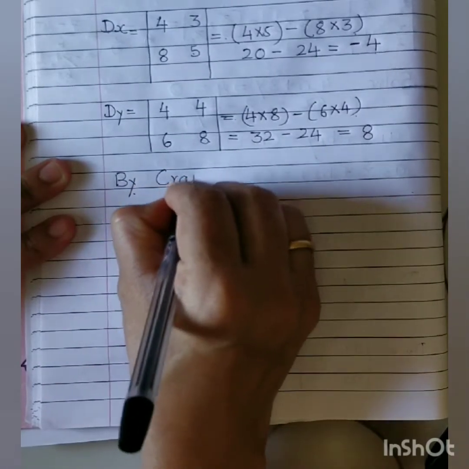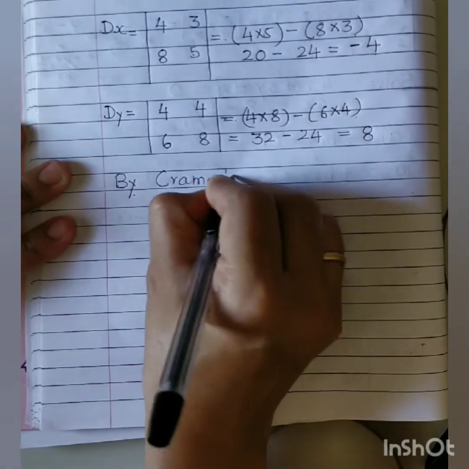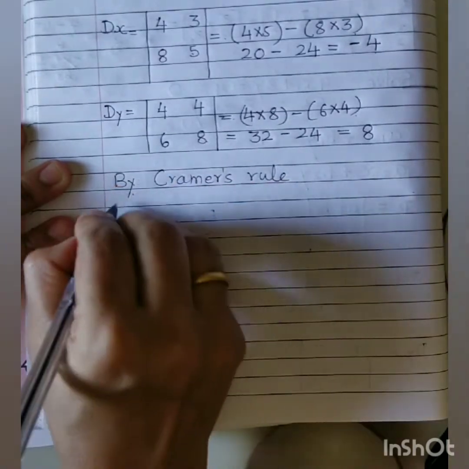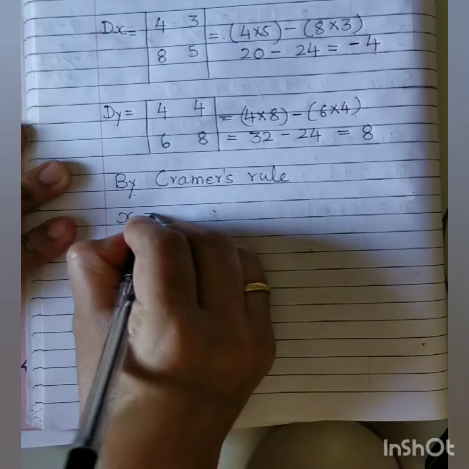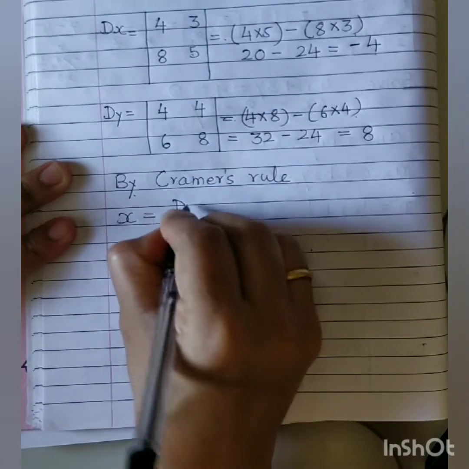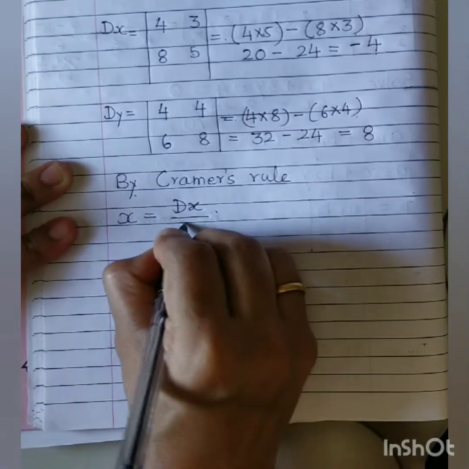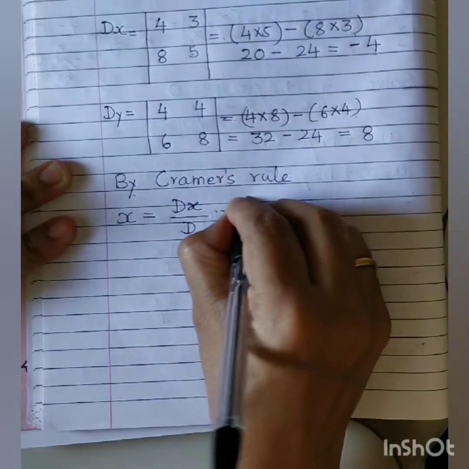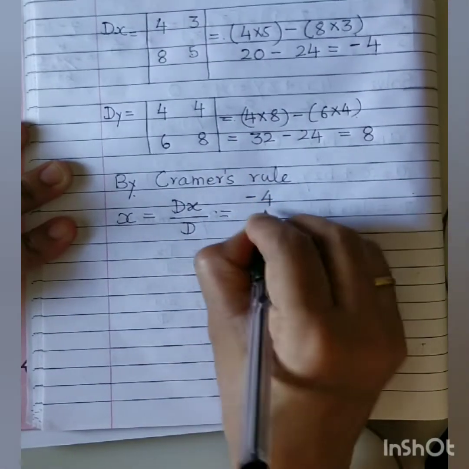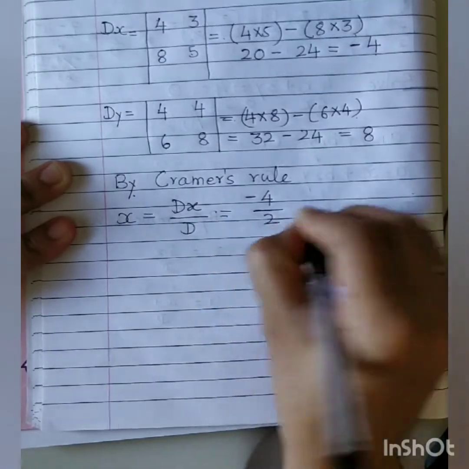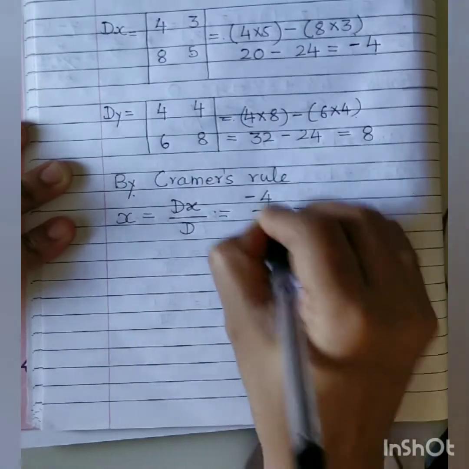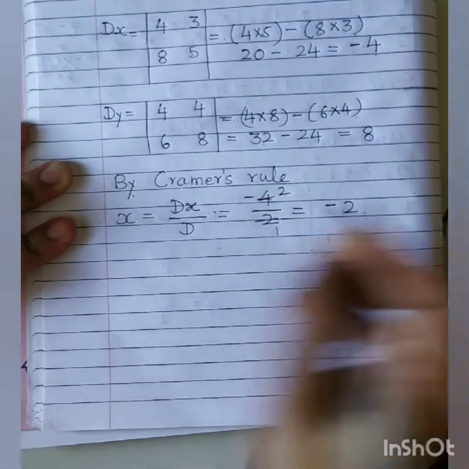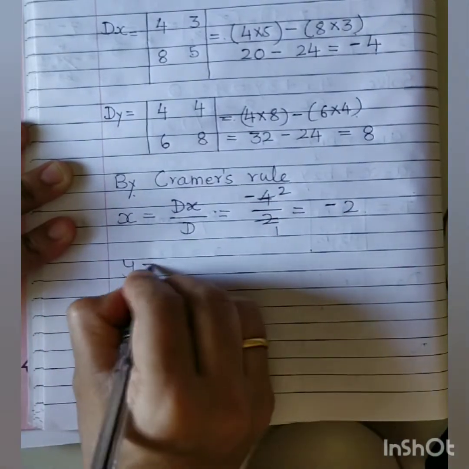So by Cramer's rule, what Cramer's rule tells us, x is equal to dx upon d. What is the value of dx? Minus 4 upon 2, that is d. Answer is minus 2. I repeat, do not forget the sign.